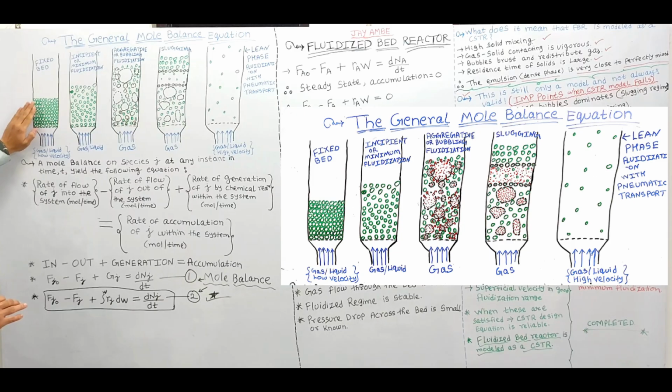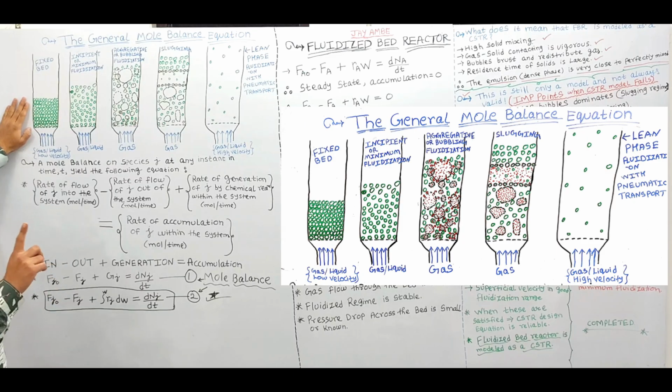Here the solid catalyst bed, or the emulsion phase or dense phase, is represented by the green circles, right? So when the fluid flows through the catalyst bed, there will be no expansion and no suspension of the solid catalyst bed, and the bed will behave as a fixed bed, and due to this there will be a linear increase in the pressure drop. Okay, so this was the first case.